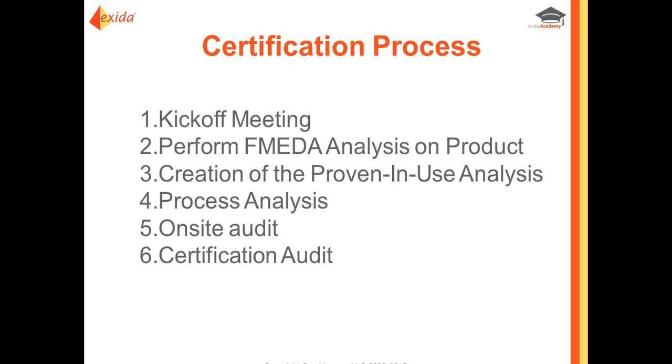Then we look at the process analysis. We go through the quality system, the modification systems, every process document that might affect the SIL rated product. We then do an on-site audit, and then we finish up with a certification audit.